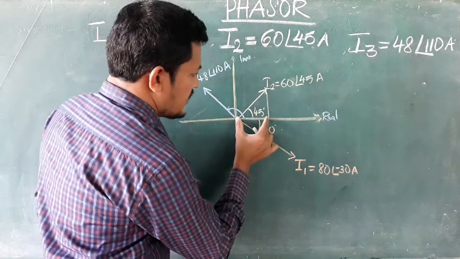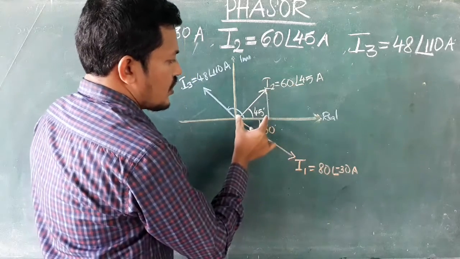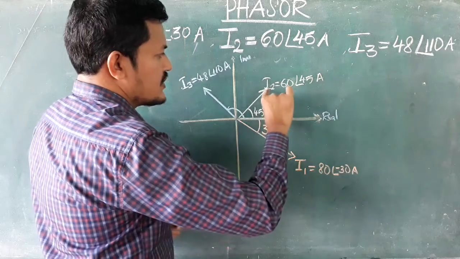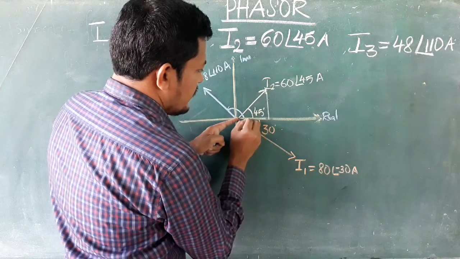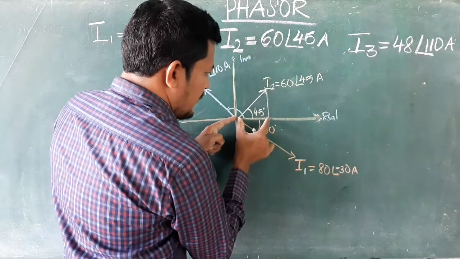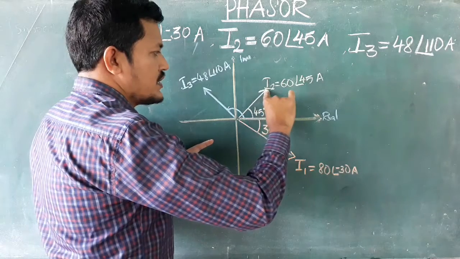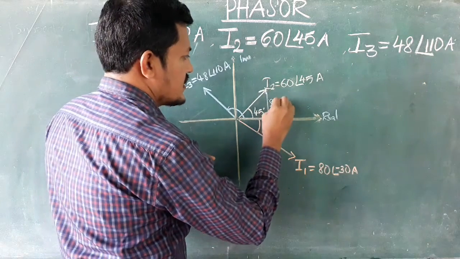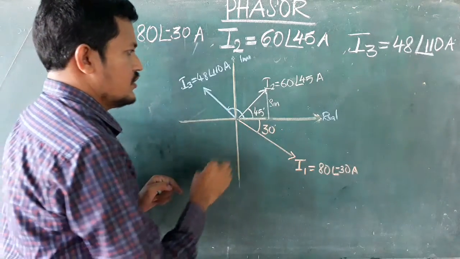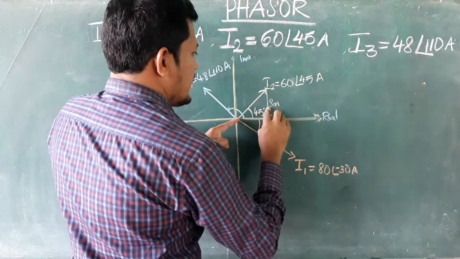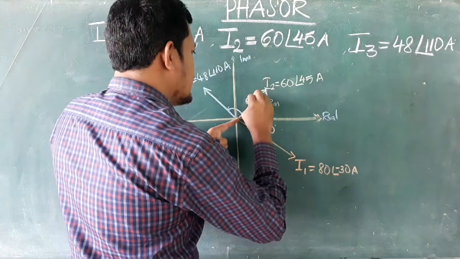How much cos component, how much sine component, because according to the angle 45 here, this is the adjacent side, this is the opposite side. So the opposite side is the sine component and the adjacent side is the cos component. So this magnitude is 60.